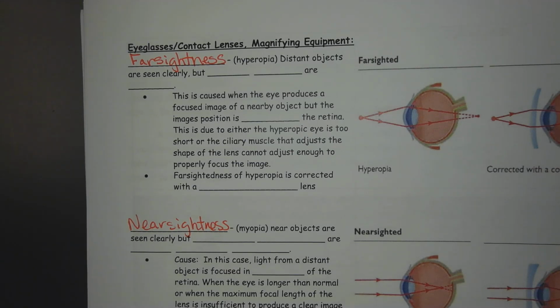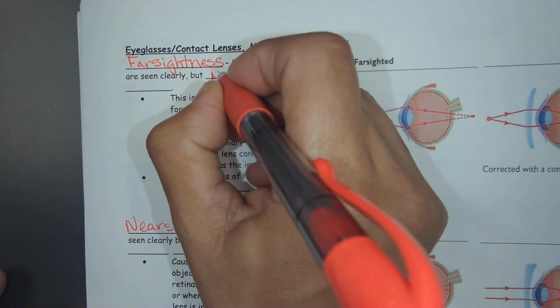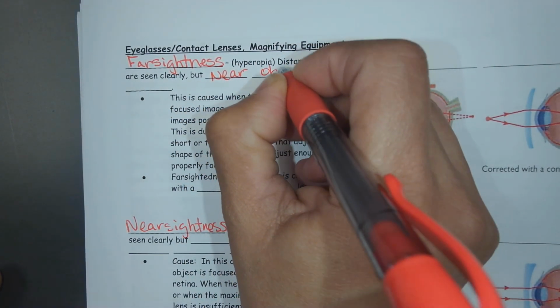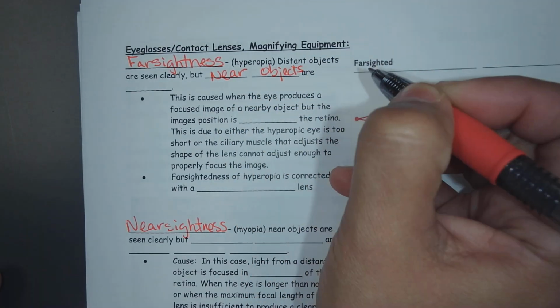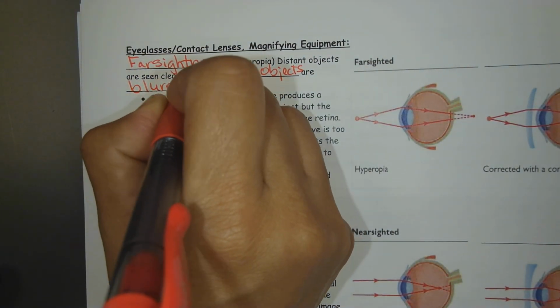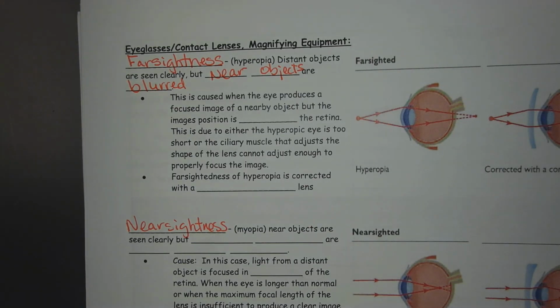It says here, for the farsighted person, if you know if you're farsighted or nearsighted, distant objects are seen clearly, but it's near objects that are nearby you, kind of like reading, that are blurred. You know, trying to read a book.